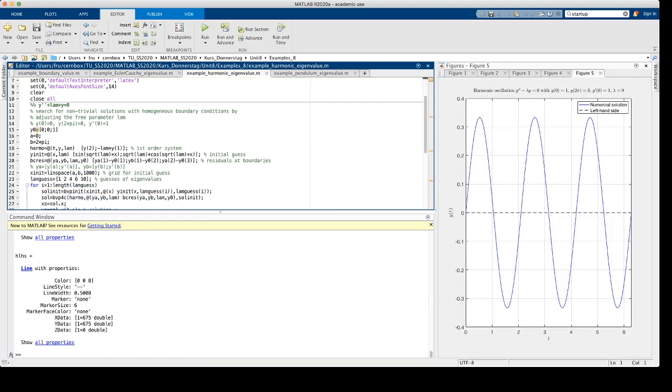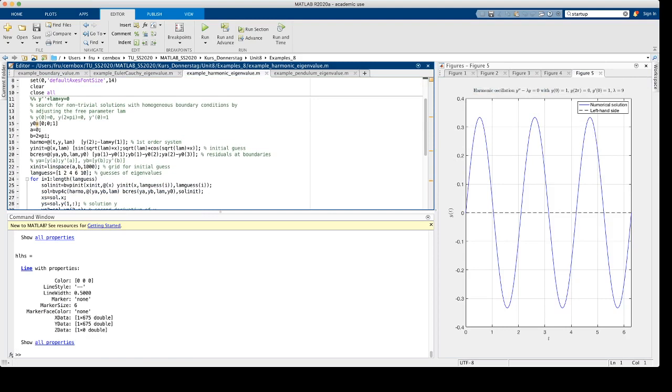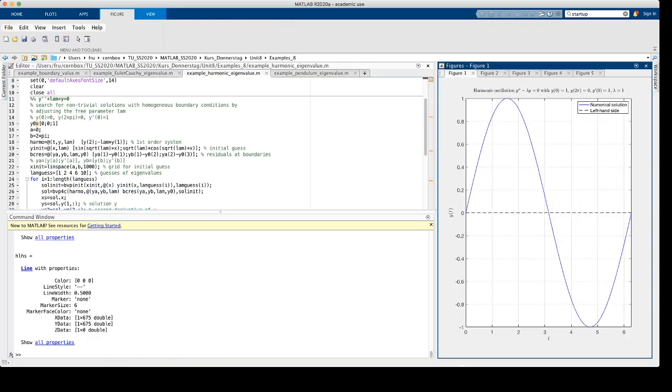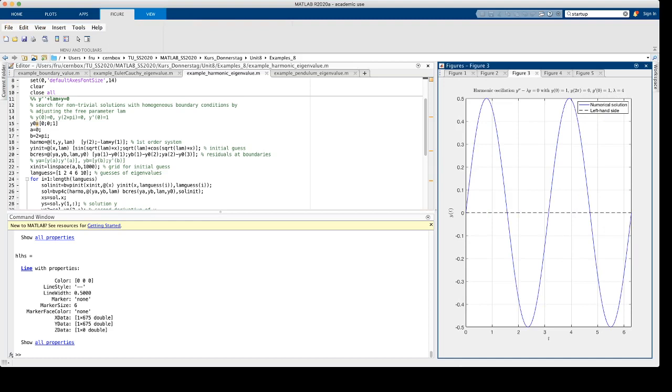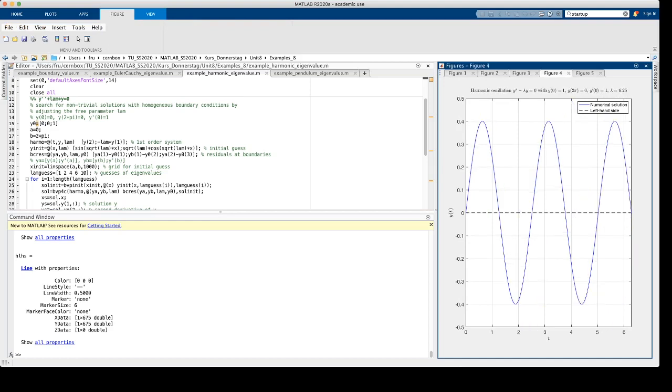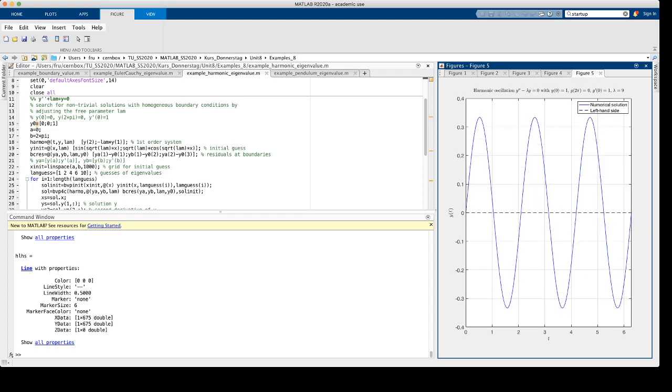So I start with the guesses 1, 2, 4, 6, 10, and we get the eigenvalues 1, 2.25, which is 1.5 squared, 4, which is 2 squared, 6.25, which is 2.5 squared, and 9, which is 3 squared. So this works as expected.